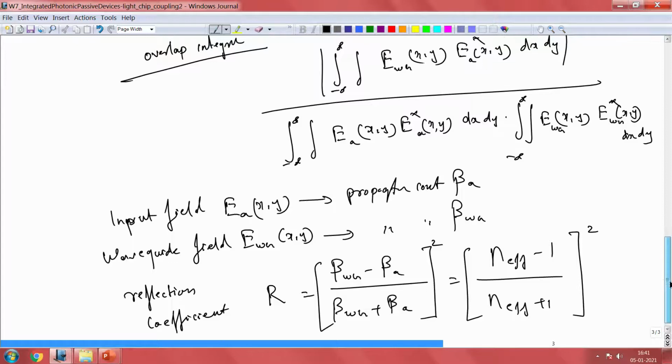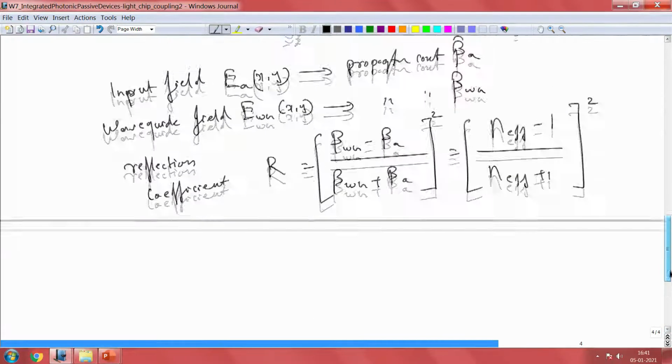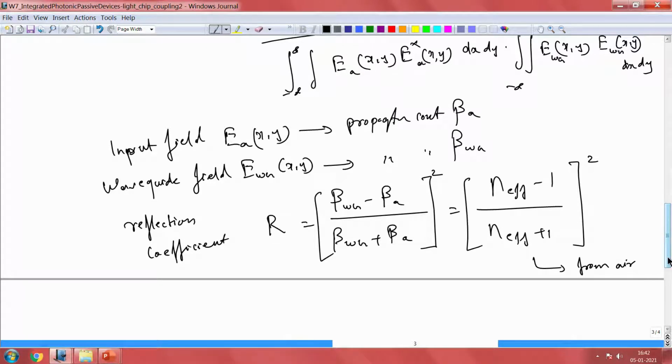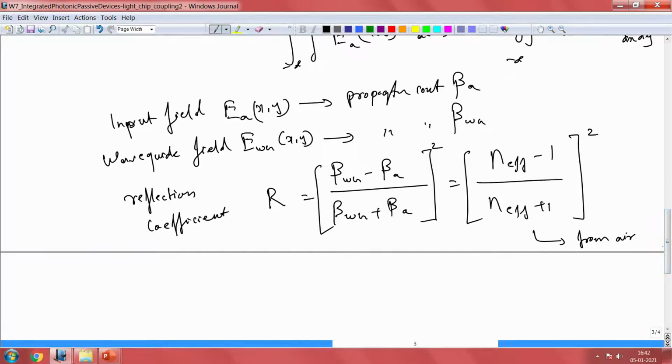So by knowing the effective index of the mode that we have, we should be able to calculate how much reflection one could expect. Okay. So this is a very simple argument when you have from air, let us say. So this is coupling through air, then this is much easier to understand now. It is just n effective minus 1 divided by n effective plus 1.